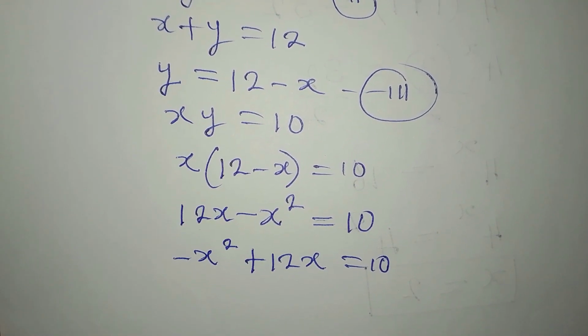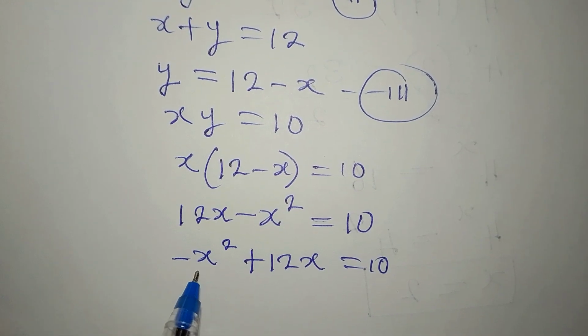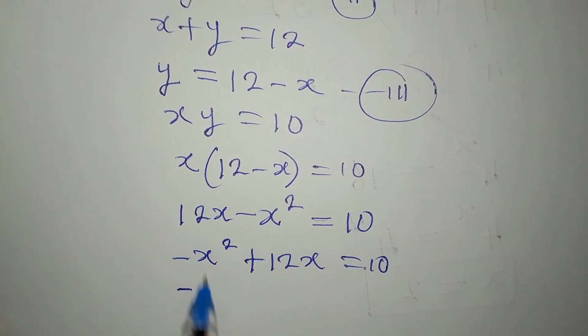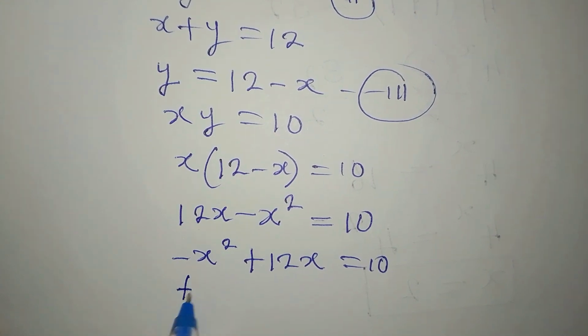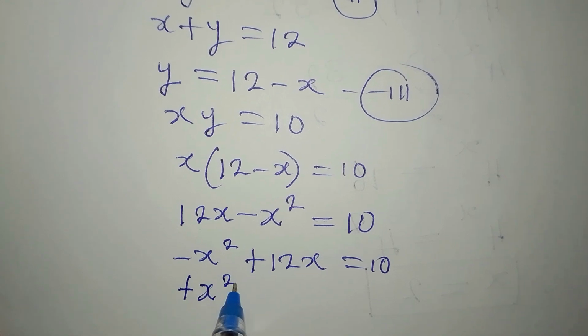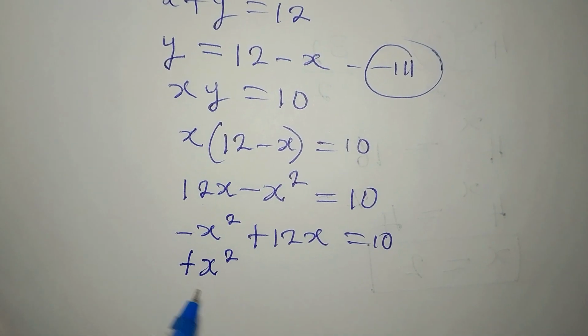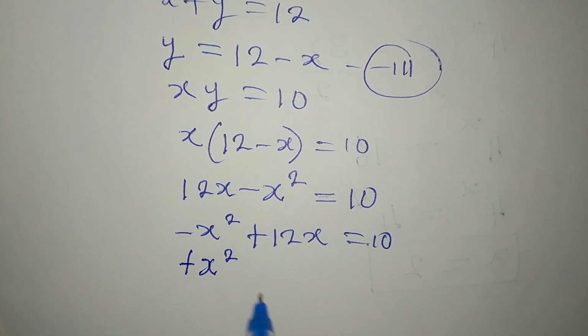And again, we don't want to have a negative coefficient, so we multiply everything by the coefficient of x squared. And I want to believe that you know the coefficient of x squared, right? That is minus 1. So minus 1 times this will give us plus 1x squared, right? So even if you don't write this positive, it doesn't change a thing.